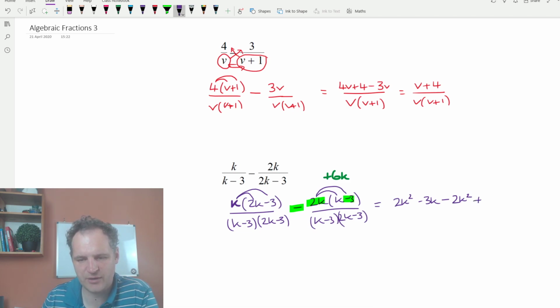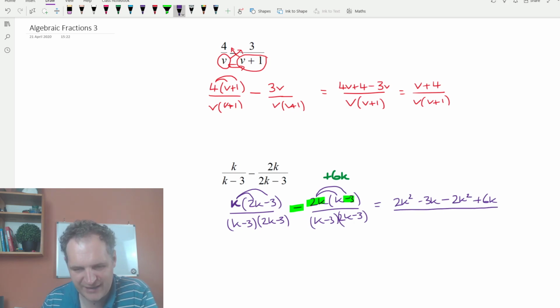This is the reason I'm going to do plus 6k on the top. If you do not understand that, stop, rewind the video about 10 seconds, watch it again. That is minus 2k times by minus 3, which is why it's plus 6k. The most common source of dropped marks, I think, in the history of maths.